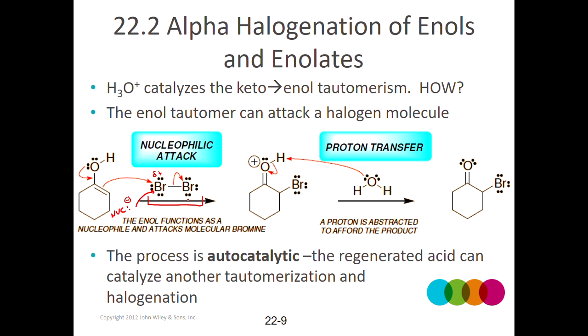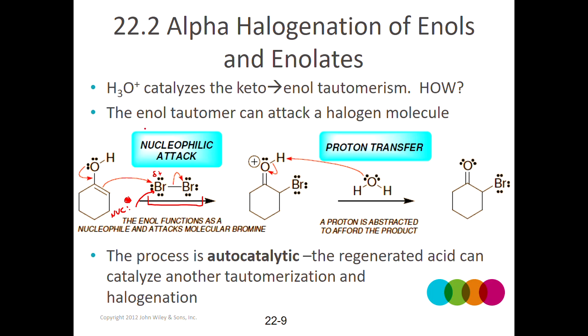The main thing about a halogen molecule that makes it a good electrophile is its leaving group, right? So if the nucleophile attacks and it pushes out a Br minus, we know Cl minus, Br minus, I minus, those are all really stable leaving groups, and so that occurs pretty readily. It occurs so readily that the nucleophile doesn't even have to be negatively charged. It could be neutral.